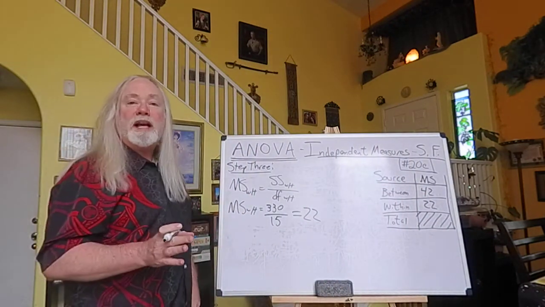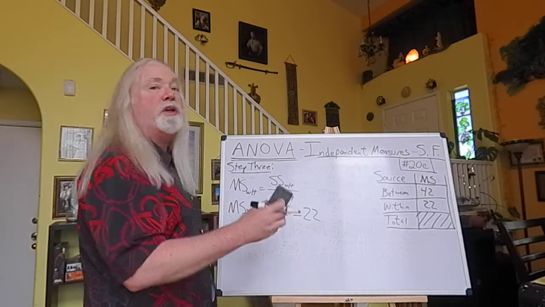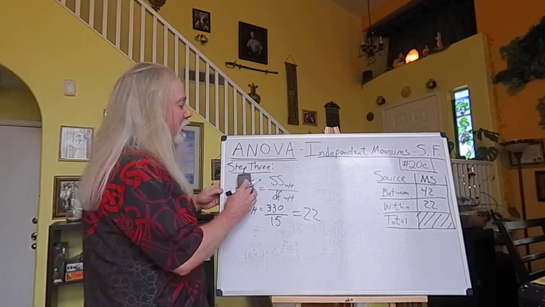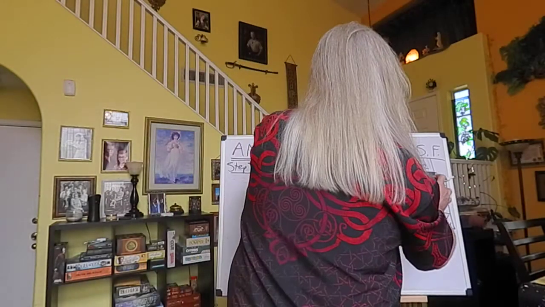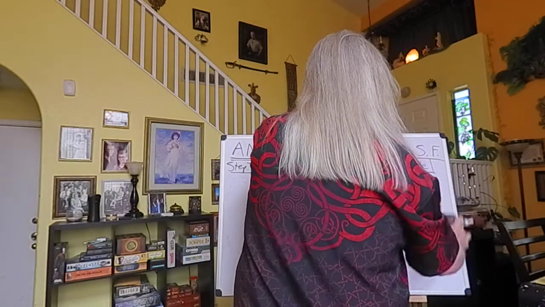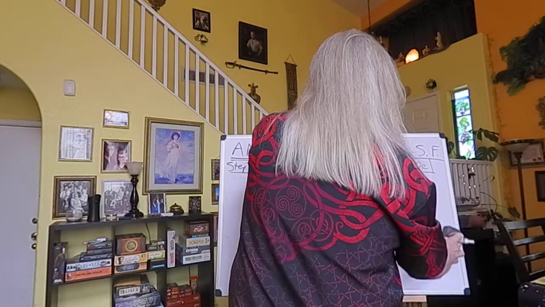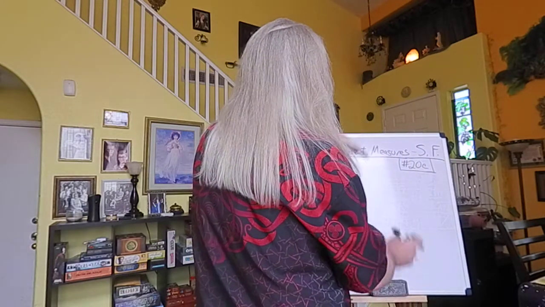And now we only have one calculation left. You see how that prep work just makes this zip along, basically. Our last calculation is for the F ratio itself. Remember, that kind of attaches to the right-hand side of the table.